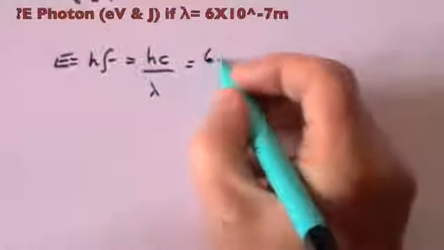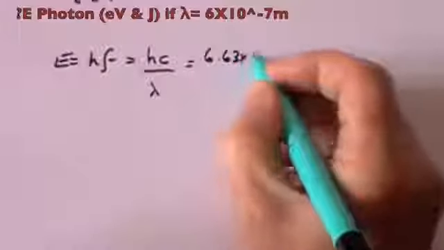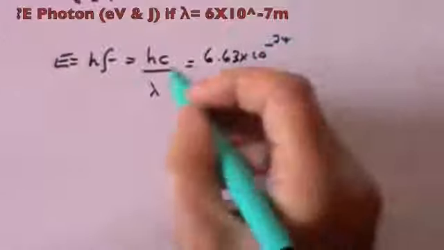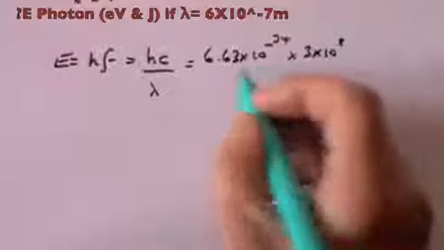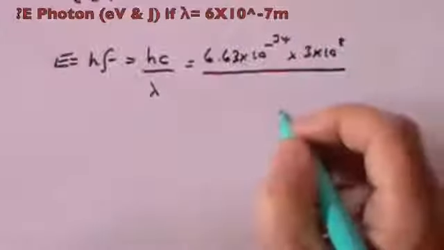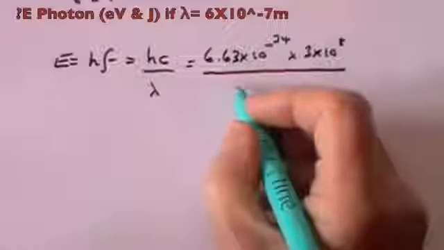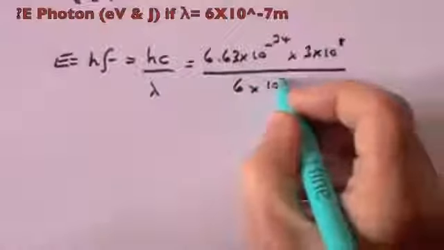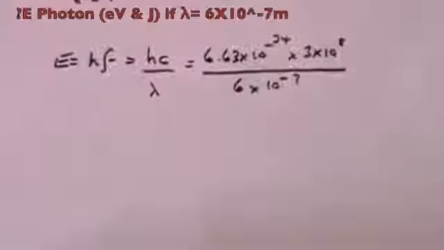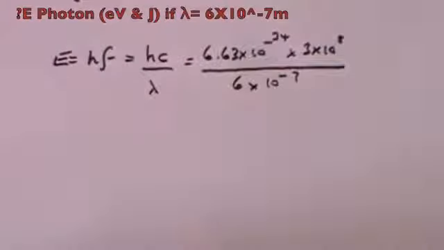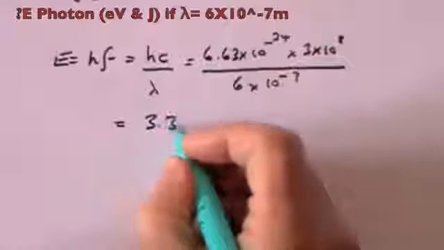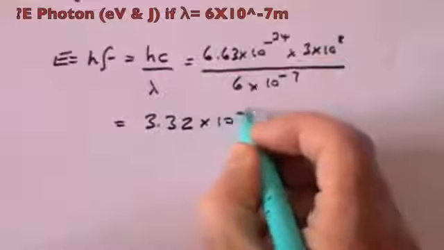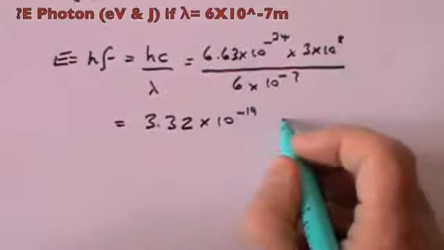Planck's constant h is 6.63 times 10 to the minus 34, times the speed of light, which is 3 times 10 to the 8th, divided by the wavelength of the light which we were given, 6 times 10 to the minus 7. And that of course is going to be in SI units, so that's going to be in joules, and that comes out to be an energy of 3.32 times 10 to the minus 19 joules.